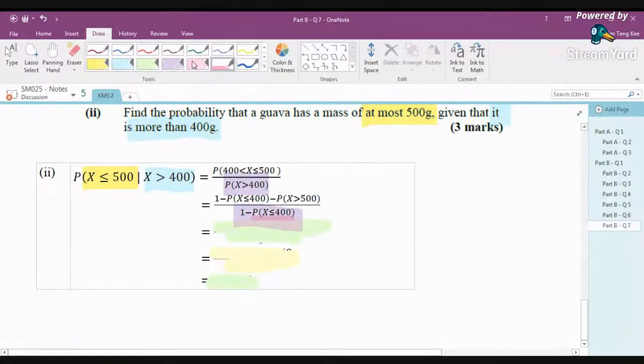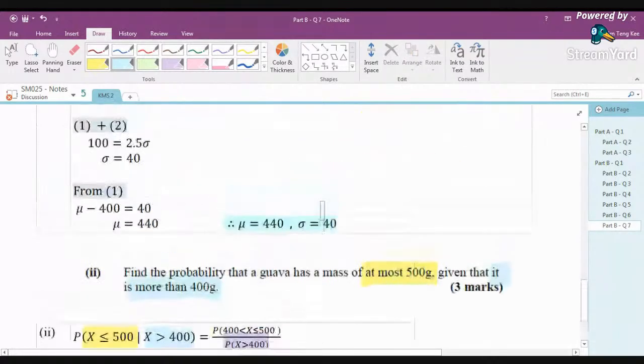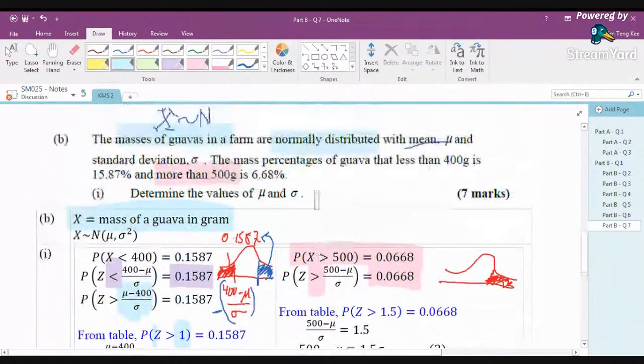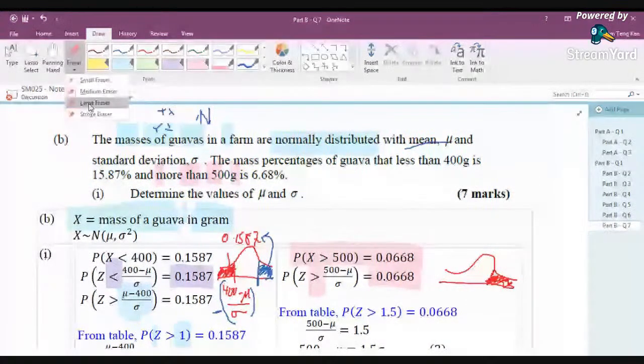In this case, this is a continuous case. So the case of less than or equal to 400 is equivalent to the case of X less than 400. And why am I so eager to get the probability of X less than 400? Because, let me highlight this part here, this already has an answer in the question that we noticed earlier. Let me erase the unnecessary traces just now.